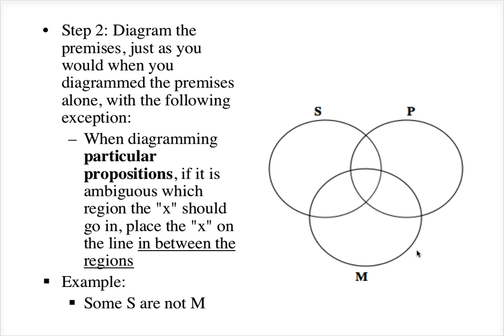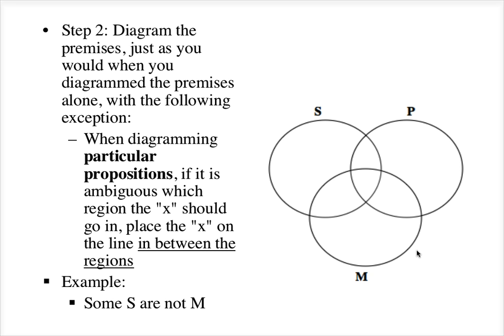Okay, so then you diagram the premises just as you would when you diagram the premises alone, with the following exception. When diagramming particular premises, if it is ambiguous which region the X should go in, you place the X on the line in between the regions.